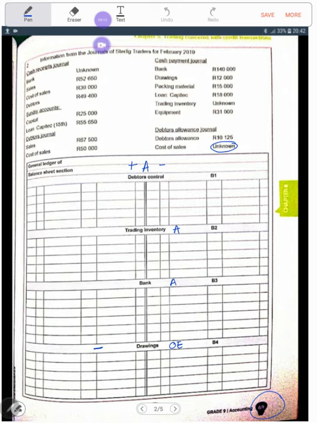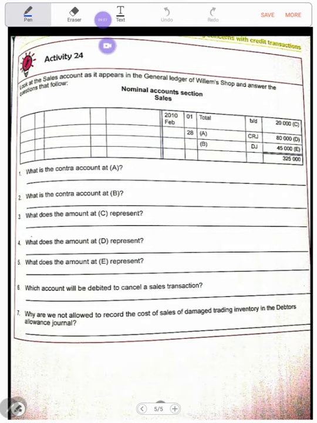Moving along to activity 24, look at the sales account as it appears in the general ledger of Willem Shop and answer the questions that follow. We have a total brought down of 20,000 Rand.